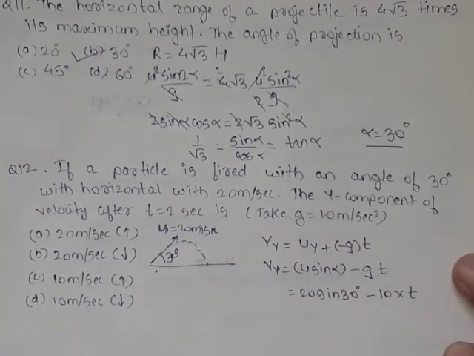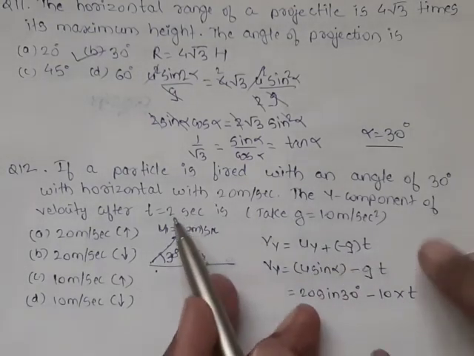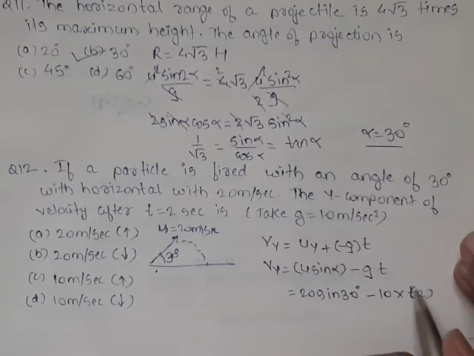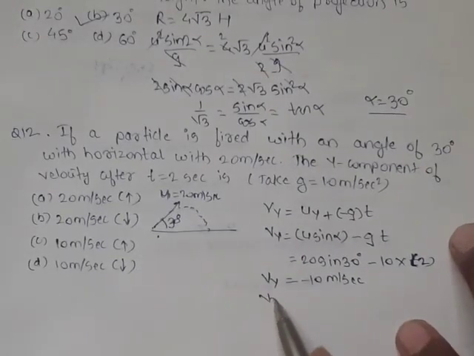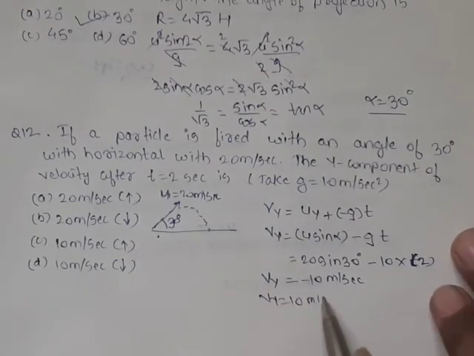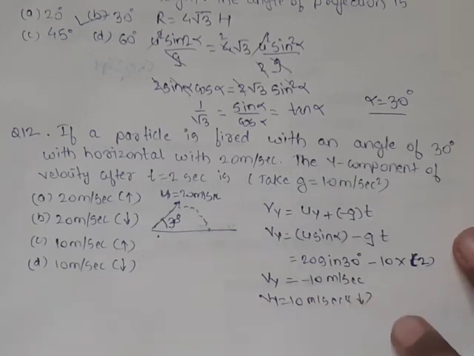And what is t? t is nothing but you have to take after 2 seconds. So finally the value of vy we get equals minus 10 meters per second. Minus 10 means the velocity is acting in the downward direction, or we can say vy equals 10 meters per second downward. So if you see the 4 options, out of that option D is correct for question 12.